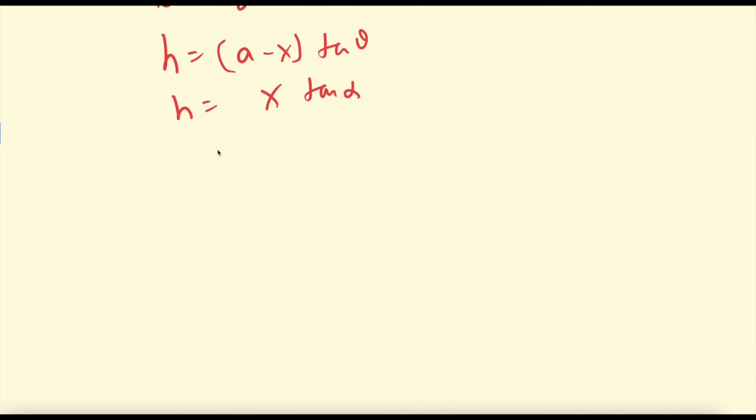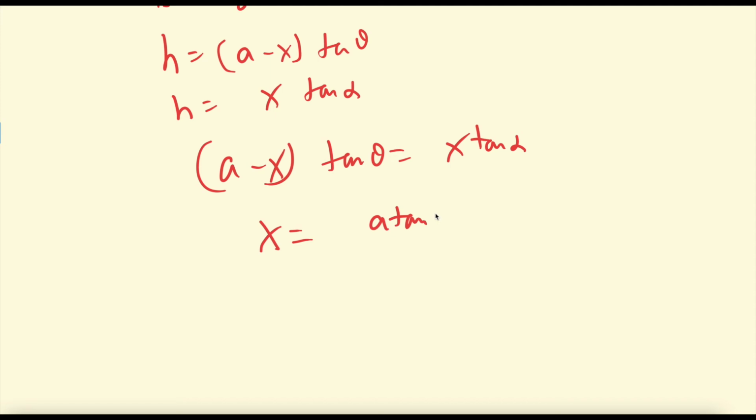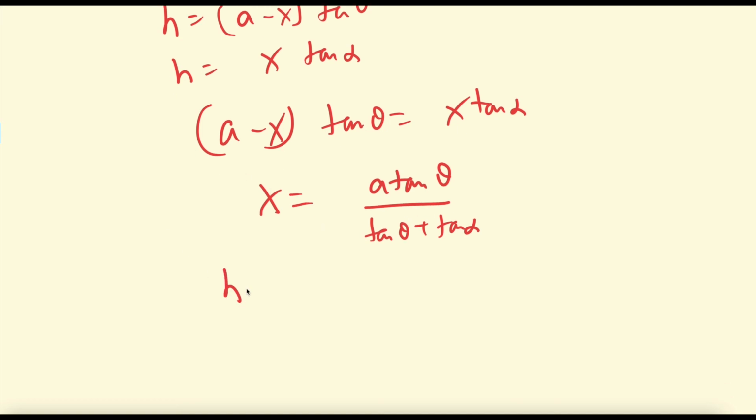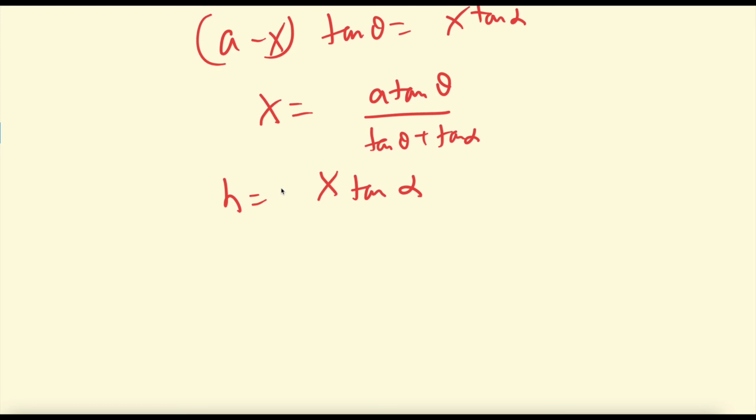So now we have a minus x tan theta is equal to x tan alpha, which after solving we will get that x is equal to a tan theta by tan theta plus tan alpha, and we know h is equal to x tan alpha, and we know the value of x, so we can just put it in later.